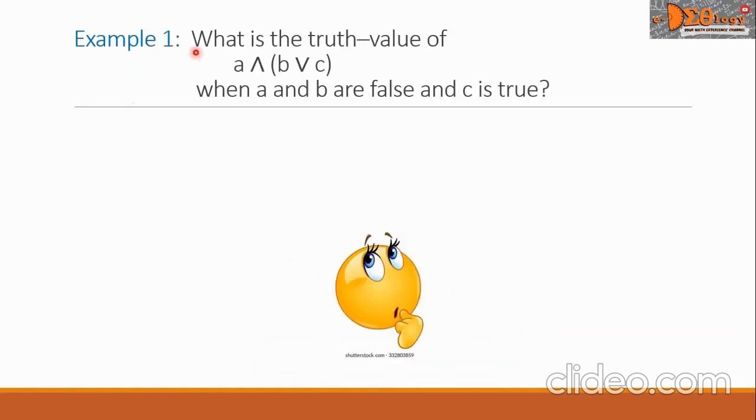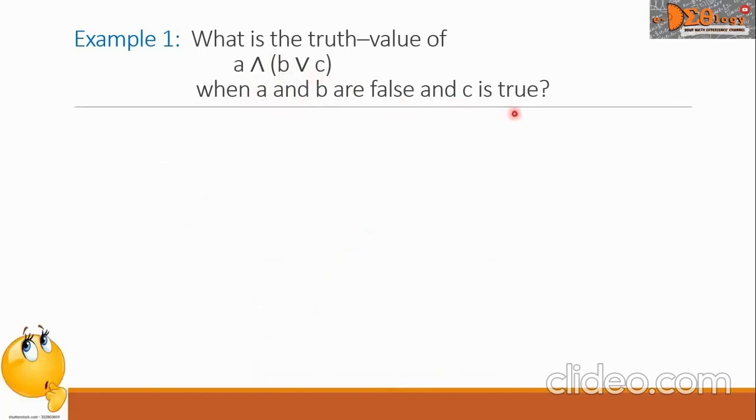Example 1. What is the truth value of A and the compound proposition B or C when A and B are false and C is true? For our solution, let us write again this problem down here. Then let us substitute each of the propositions by its truth value.